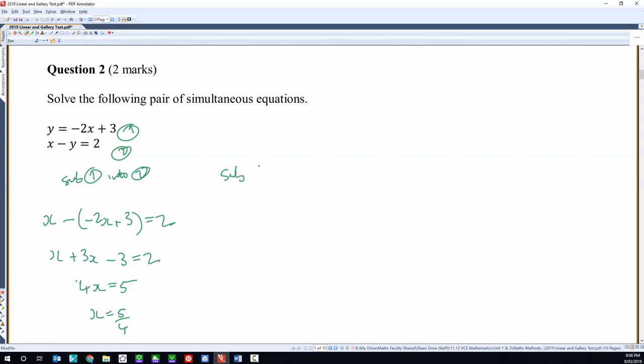Now I'm going to sub x equals 5 on 4 into one of these ones, and it's going to be 2 that I'm going to put it into.